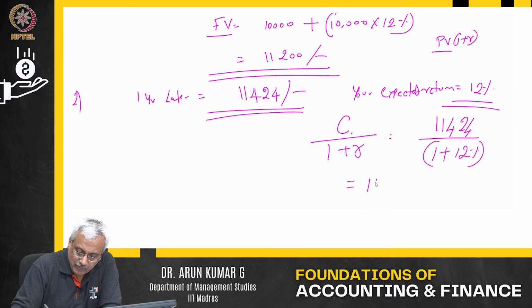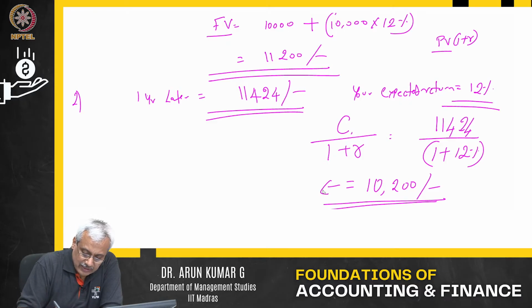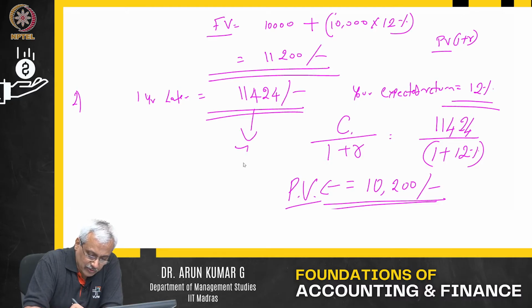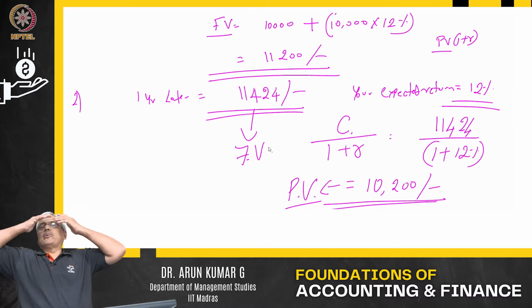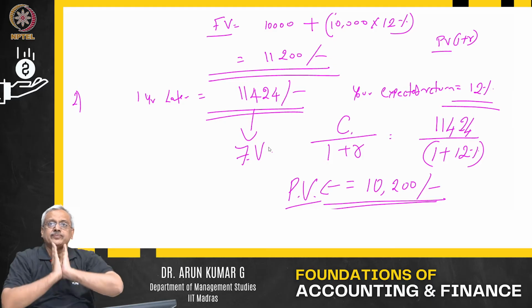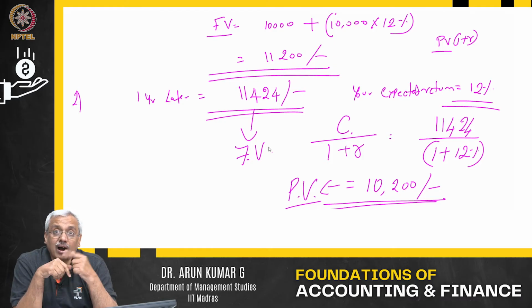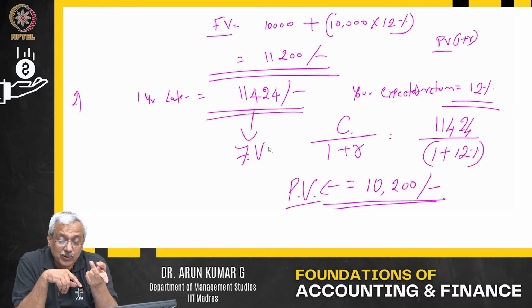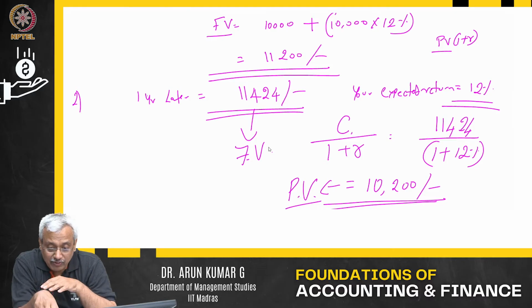This is what we call the present value, and this is what we call the future value. The future is going to give you 11,424, your R, expected return, is 12%. So the present value of the future money you are going to get is 10,200 if your expected return is 12%.